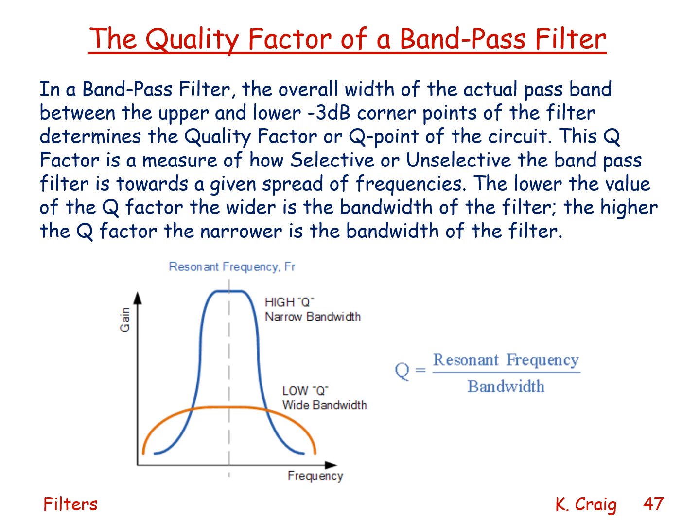This Q factor is a measure of how selective or unselective the bandpass filter is towards a given spread of frequencies. The lower the value of the Q factor, the wider is the bandwidth of the filter. The higher the Q factor, the narrower is the bandwidth of the filter. And the Q factor is given by the resonant frequency divided by the bandwidth.